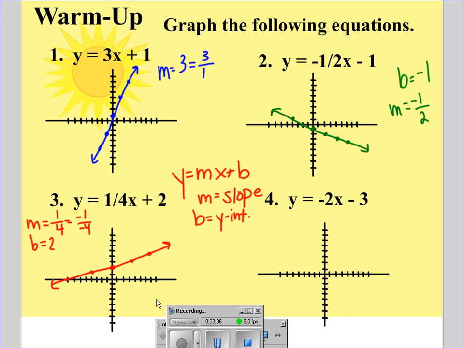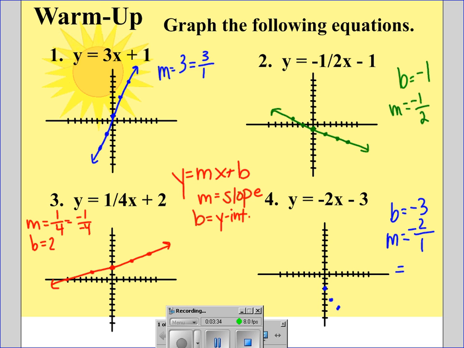And the last one, y equals negative 2x minus 3. Our y-intercept b is at negative 3. So we start on our graph at negative 3. Our slope m is negative 2, but anytime we have a whole number, we put it over 1. So we go down 2 over 1, down 2 over 1, down 2 over 1.